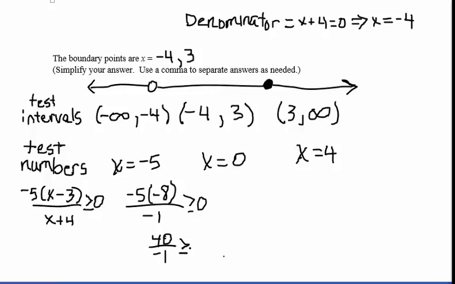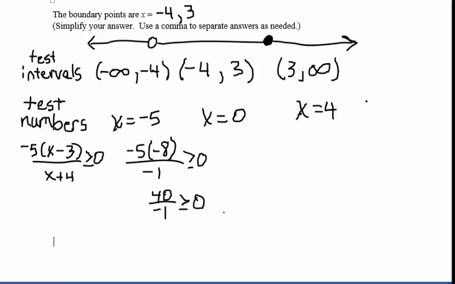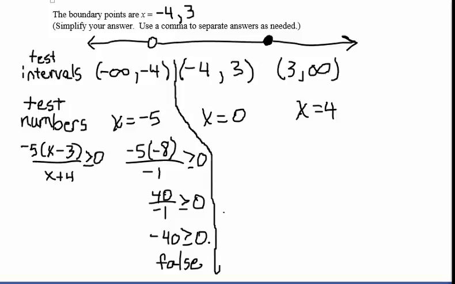So I wind up getting 40 over negative 1, which is negative 40. And the inequality winds up being negative 40 greater than or equal to 0, which is false. Negative 40 is less than 0. So all the numbers in this test interval from negative infinity to negative 4 make the inequality false.